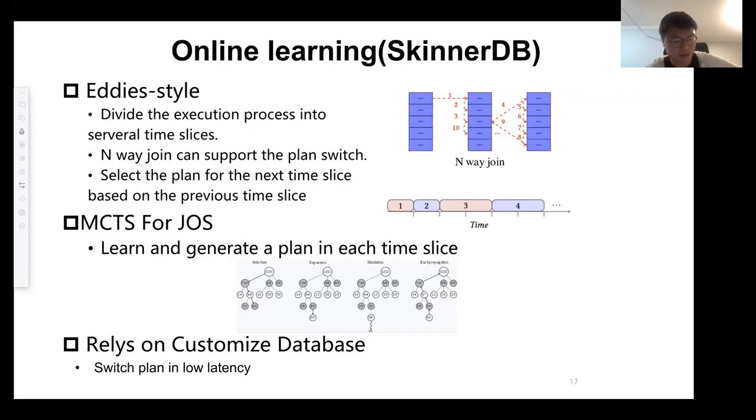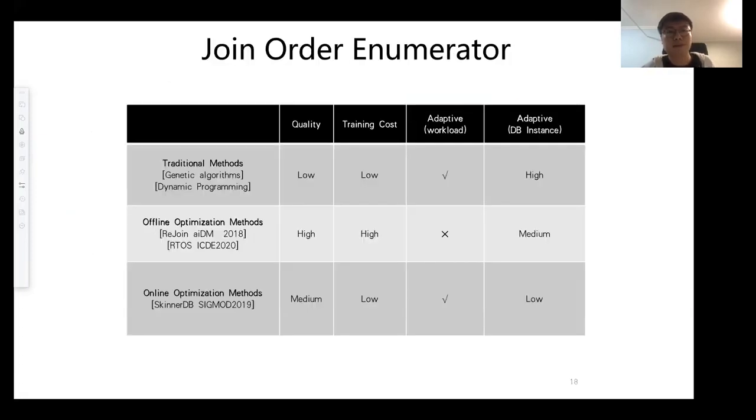So it can learn the performance of different join orders online, such that the learning method is not limited by the accuracy of the statistical information. But since SkinnerDB requires the executor to be able to perform efficient plan switching, it is currently only suitable for efficient in-memory databases.